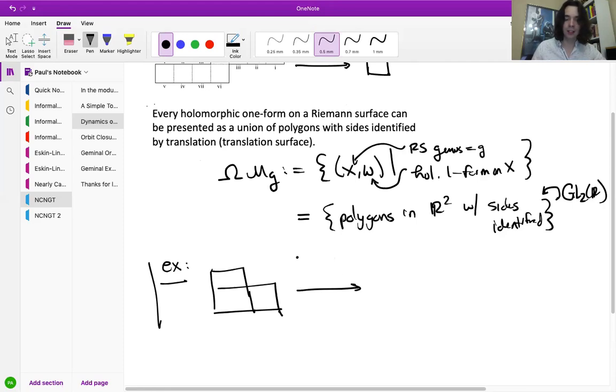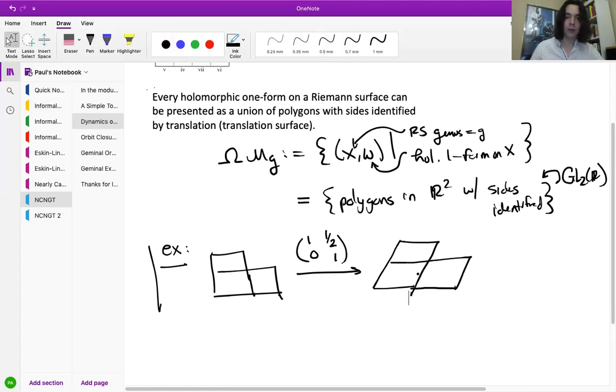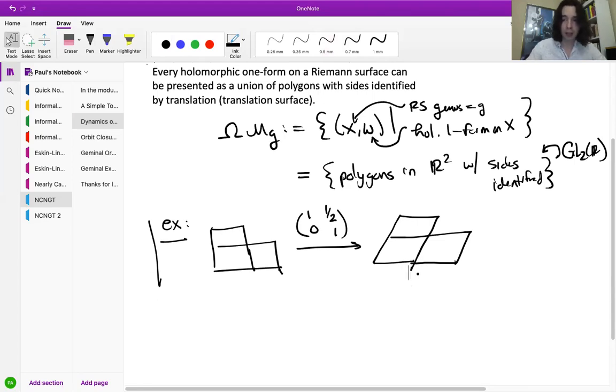And we acted on this by the matrix (1, 1/2; 0, 1), then we would shear the picture to replace our squares with now parallelograms, which are identified in the order indicated by this figure here. Okay, so thinking about holomorphic one-forms on Riemann surfaces as polygons means that the moduli space of translation surfaces has this GL2R action.